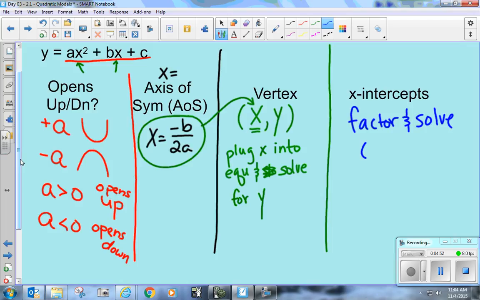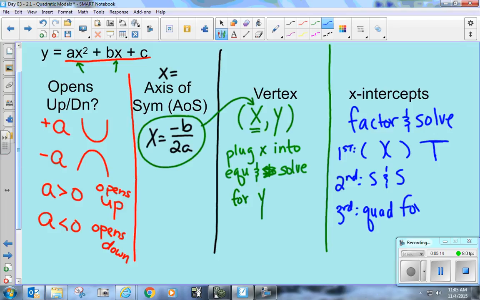I could do this and then this, T-bone, right? If you can't just do that right off the bat, then second I would do slip and slide. Then if I couldn't do that, then I would go right to the quadratic formula. Yes, it is.